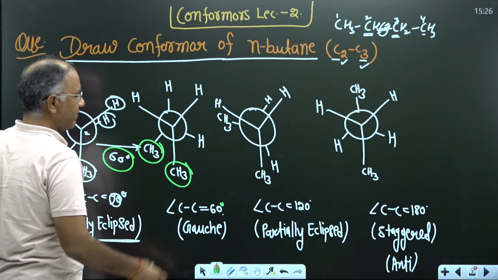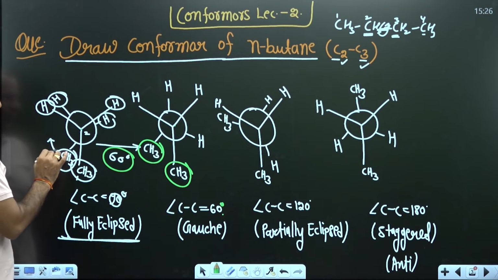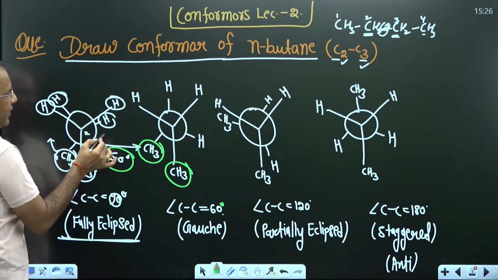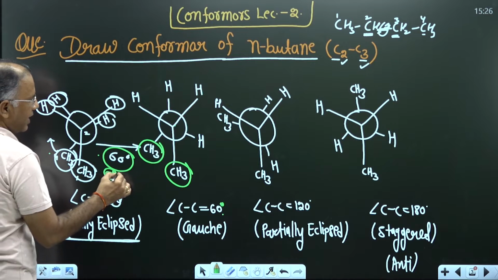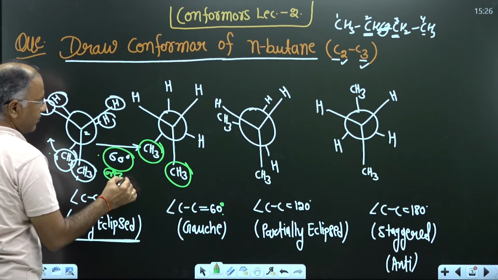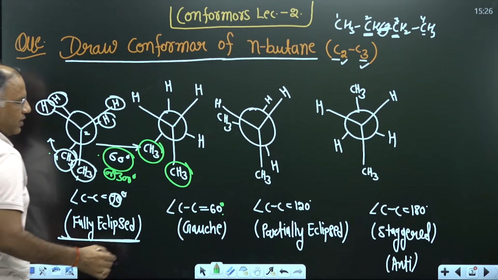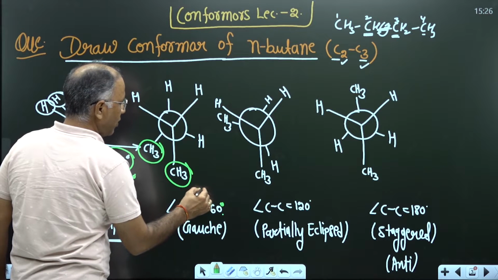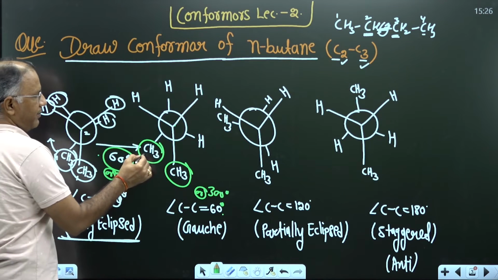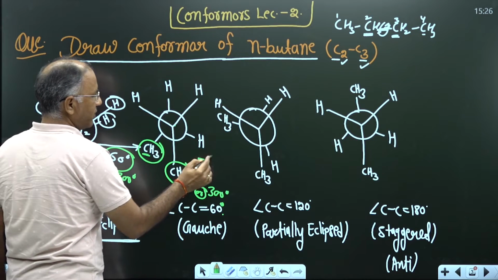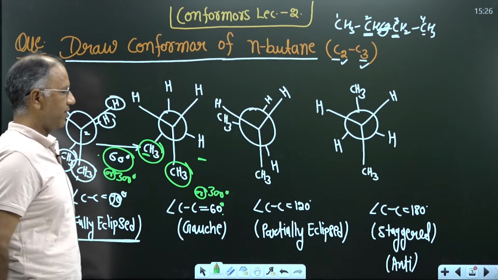This is the nomenclature of this conformer. Similarly, if I rotate this carbon by 300 degree, this methyl will be here and we will get the same conformer again. Means if there is a 60 degree or a 300 degree rotation, we will get Gauche conformer. Methyl in this position or this position, both conformers are known as Gauche conformer.